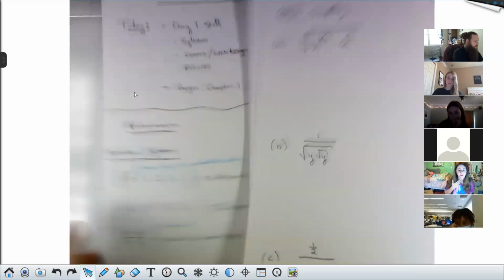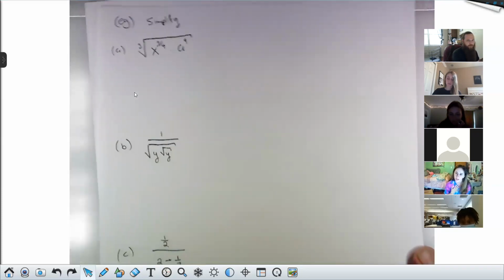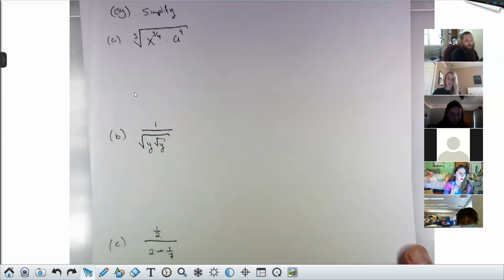Yeah, we can't really combine those, right? There's no nice way to multiply those because I don't know what X is and I don't know what A is. Wouldn't X and A be the power to 1/3? Very good. Yeah, so we can use that fifth rule.